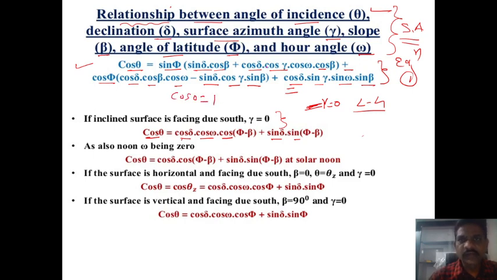The remaining equation is this one plus cos phi into cos delta cos beta cos omega minus sin delta cos omega sin beta, where cos 0 is 1. But for the sin omega term, sin 0 is 0. After putting this, we get the standard equation.